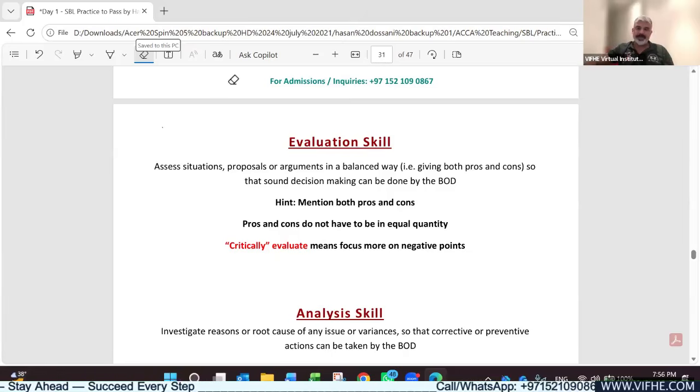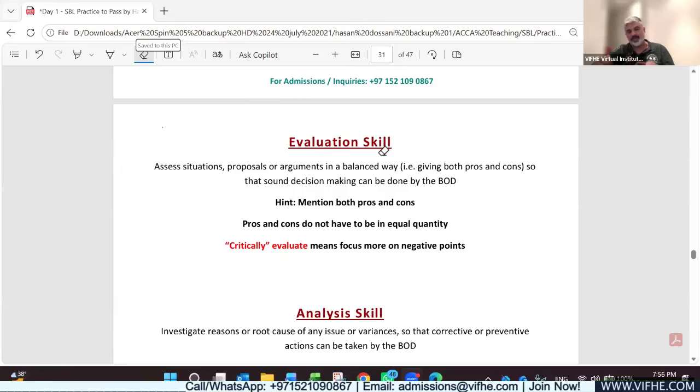Do you know the meaning of pros and cons? Advantage and disadvantage, yes. So you include both the advantages and the disadvantages of that thing in your answer. You need to cover both sides, the positive side as well as the negative side.